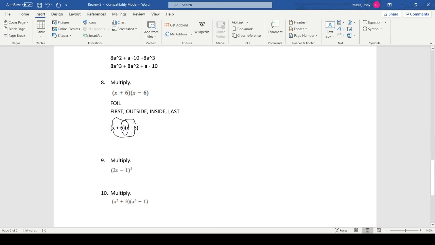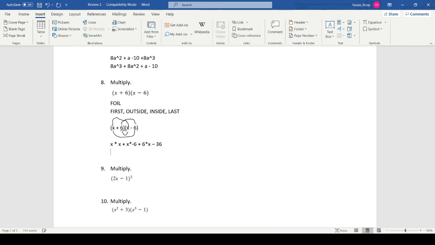So the first ones was x times x, and then the next one we had was outside, so x times minus 6. So we're going to do x times x plus x times minus 6 plus inside, which was 6 times x, and then last was 6 times minus 6, which is minus 36.